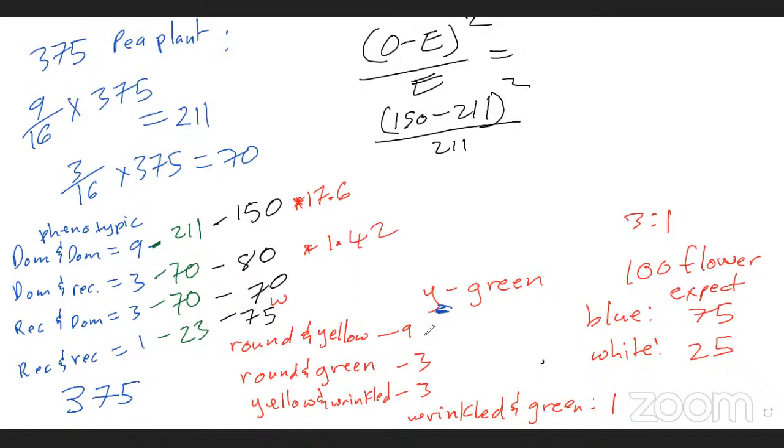For the third one, the observed is in black and the expected in green. So number 3 is 0.